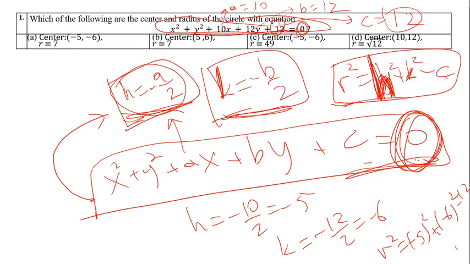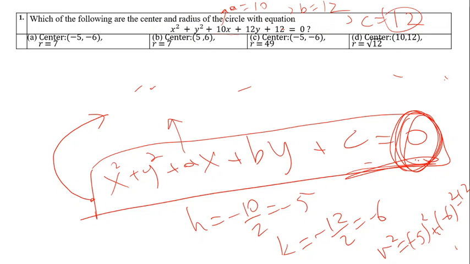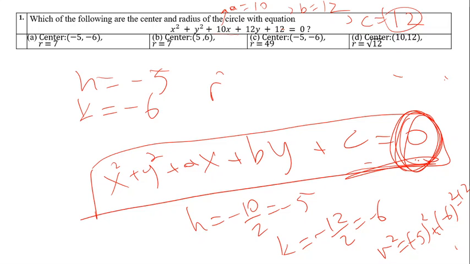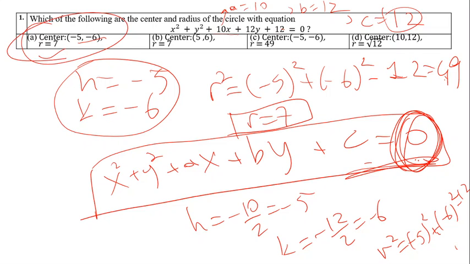So we end up with h equal to minus 5, k equal to minus 6, and r squared equal to minus 5 squared plus minus 6 squared minus 12, which turns out to be 49. R is equal to 7. So this h, k is the center, and this is the answer.